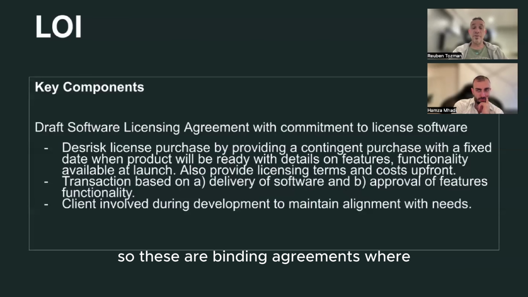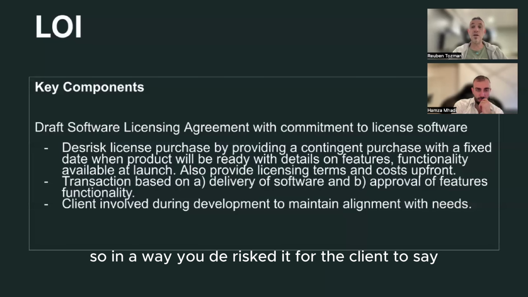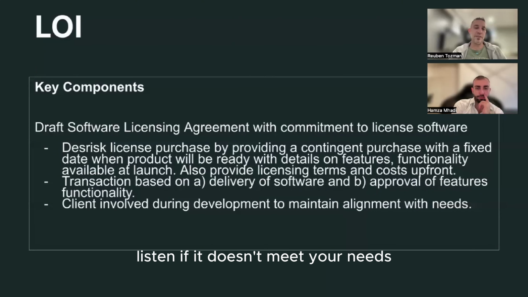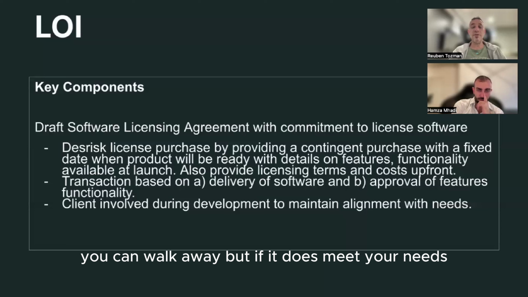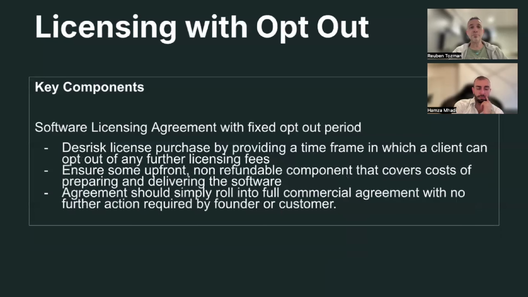So these are binding agreements where someone has to license the software if you deliver what you say you're going to deliver. In a way, you've de-risked it for the client: if it doesn't meet your needs, you can walk away. But if it does meet your needs, and you're clear about what those needs are and what you're going to build, it is a binding agreement.